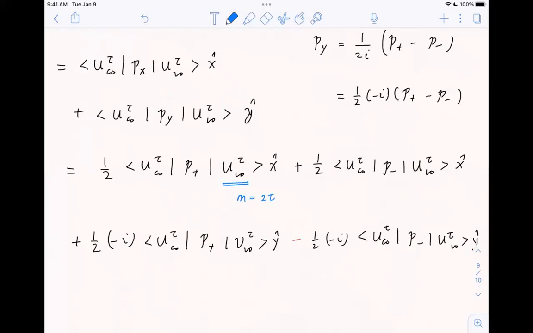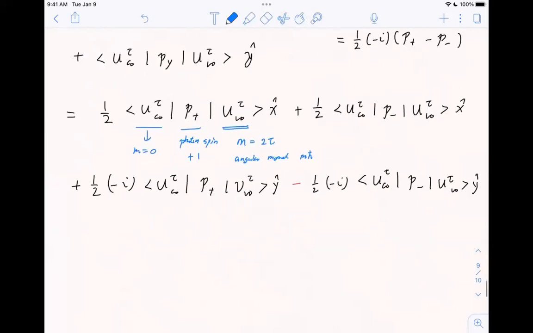So it has an angular momentum M. And this one has M equal to 0. Though this is a photon with spin +1. So there's a check here.